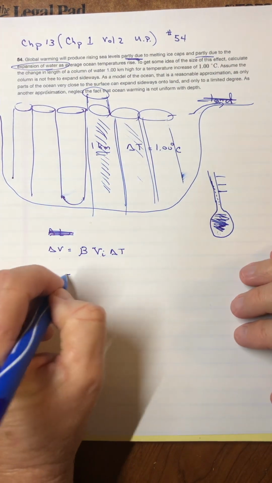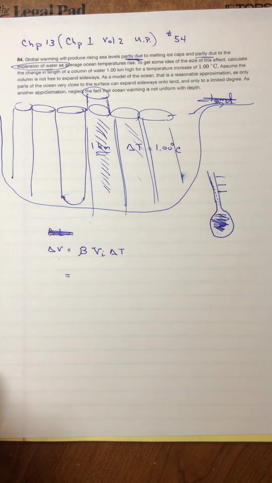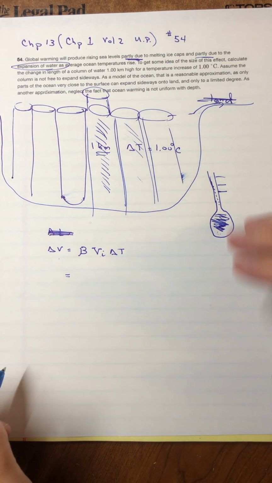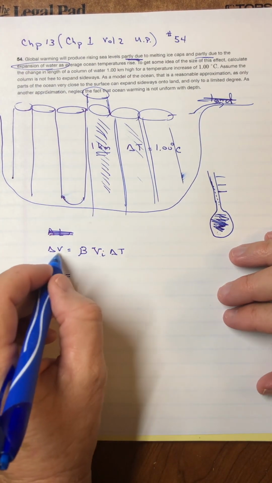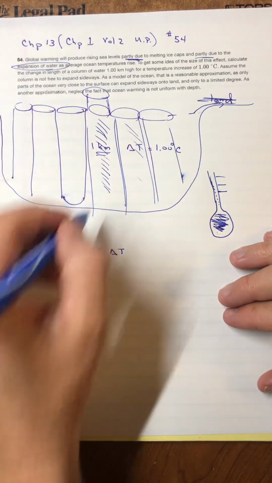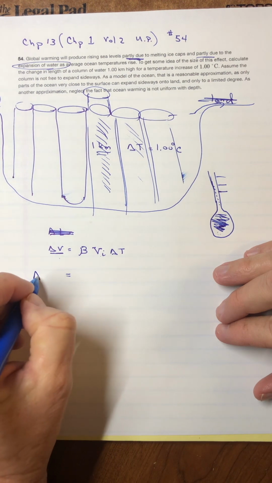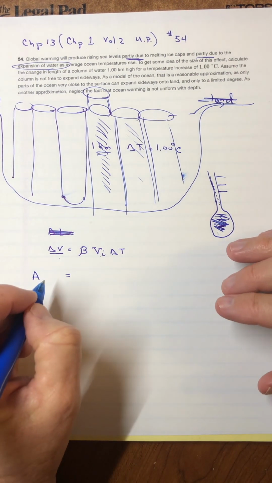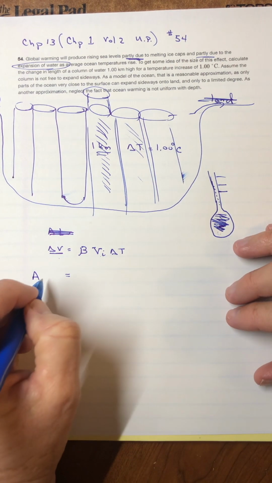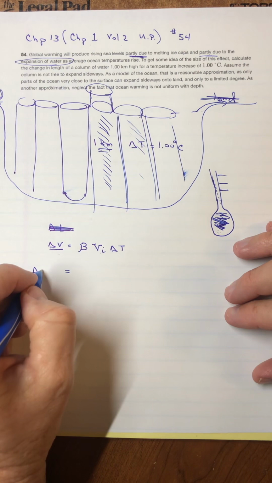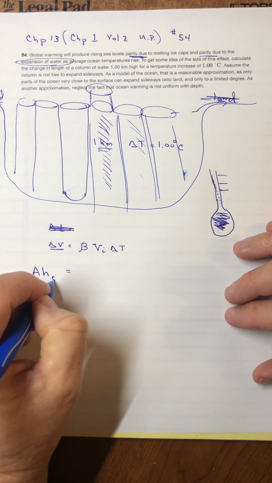All right, but let's actually do this problem, because it's not really a very long problem, not nearly as long as the 11 minutes I've been talking about it. So if I were to think about this problem, thinking of it as a column, the new volume would be its original cross-sectional area times its new height.